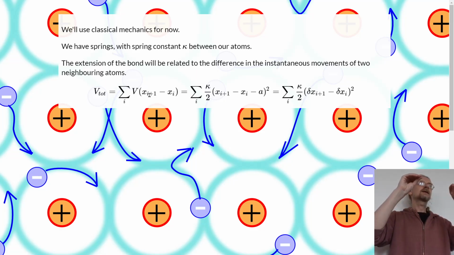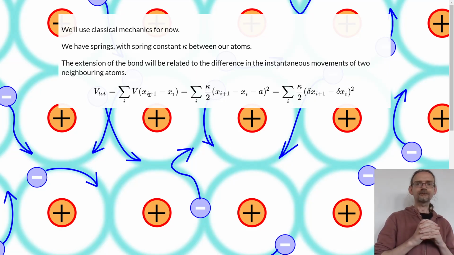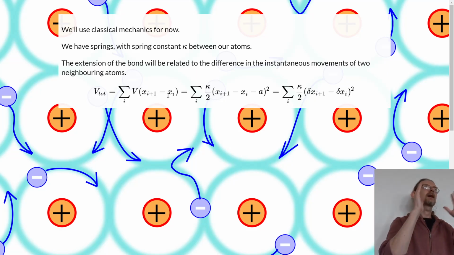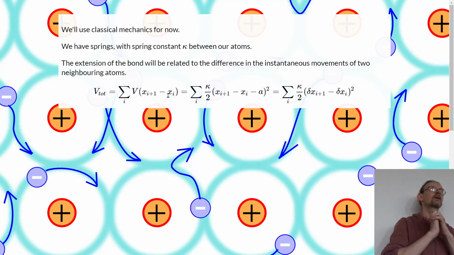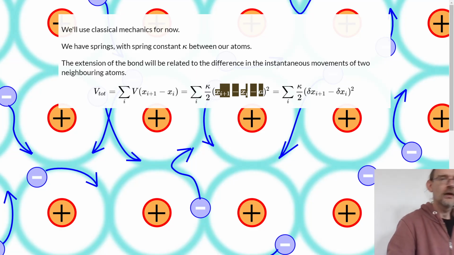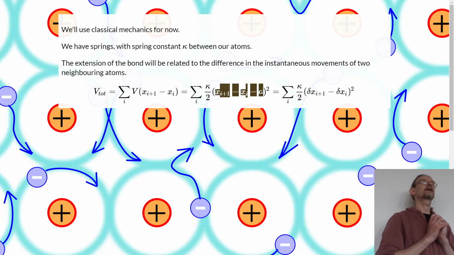So we work out the distance between the two atoms, and if it is different from this a, our preferred equilibrium distance for the atoms, then we add on a quadratic term which is proportional to the difference. So if I look at this expression here, I've got the position of the i plus 1 atom minus the position of the ith atom.